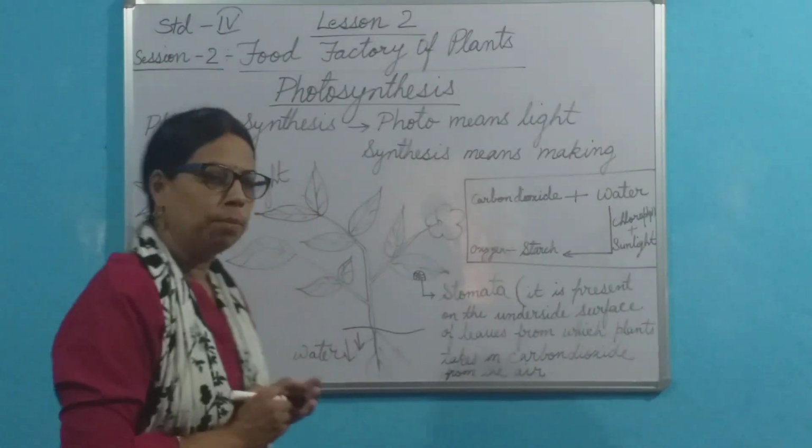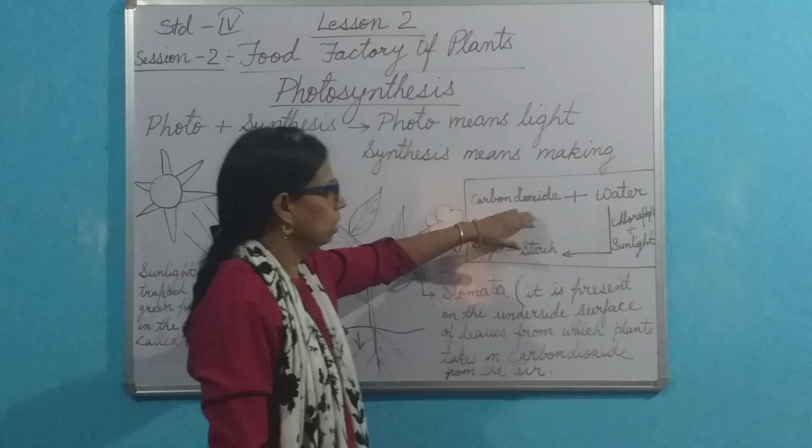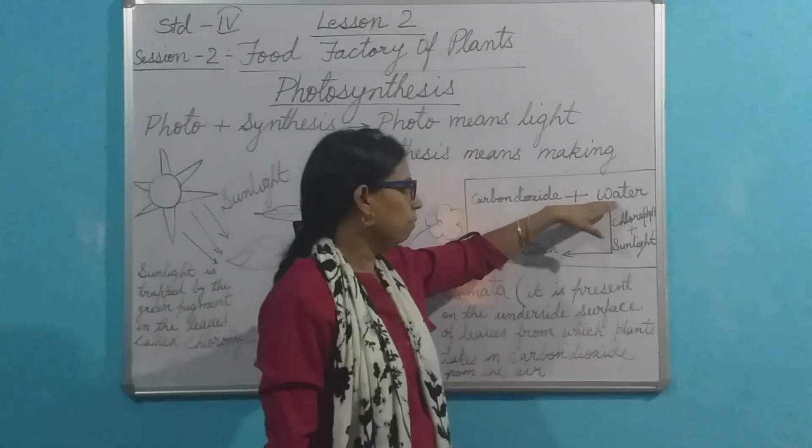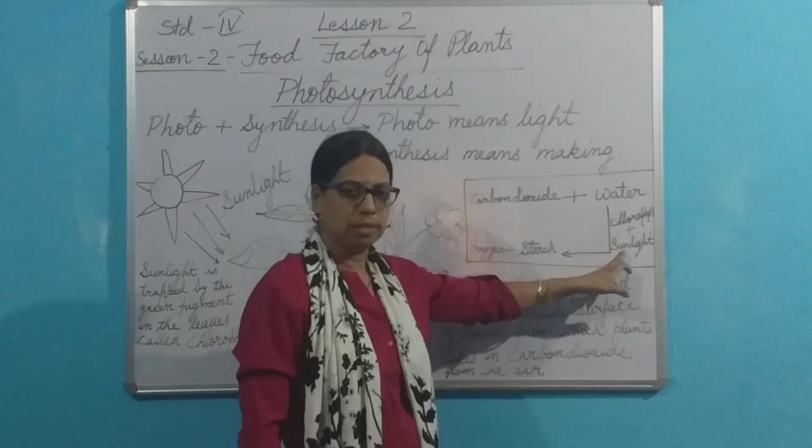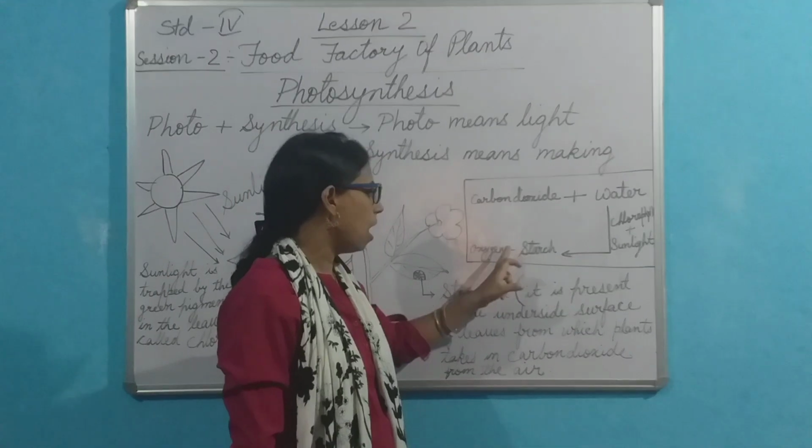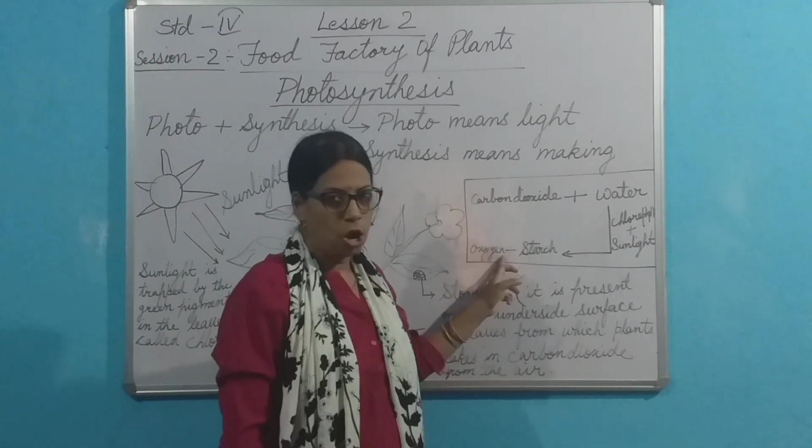So this is the complete process of photosynthesis. Carbon dioxide and water in the presence of chlorophyll and sunlight produce starch and the byproduct is oxygen.